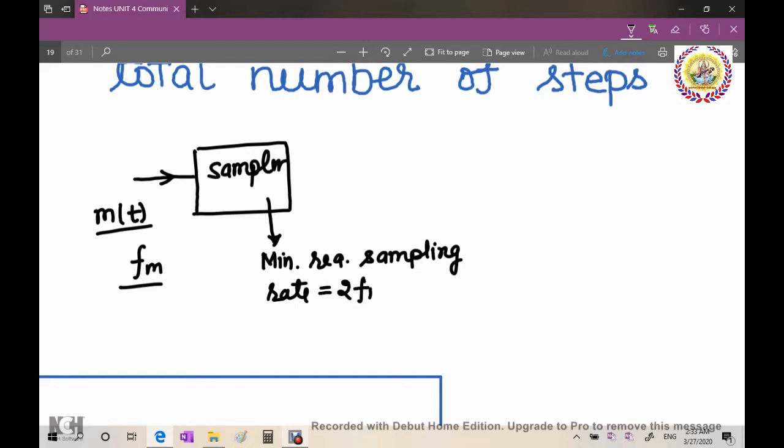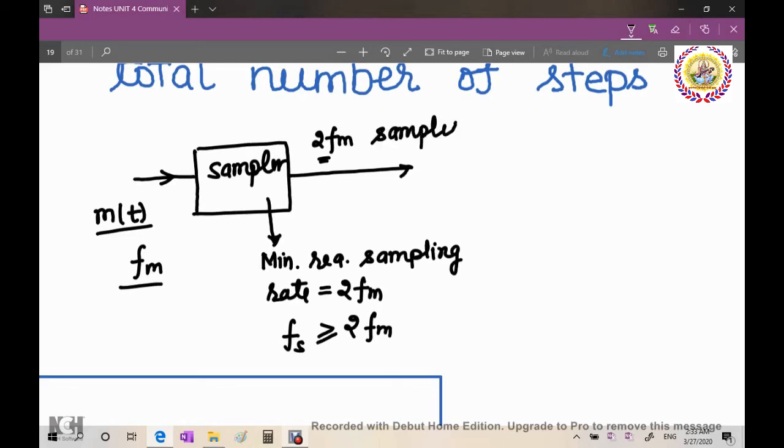Point to be noted, this is the minimum sampling rate, that means fs should always be greater than or equal to twice fm. Correct? Now the sampling rate at the output of the sampler will be a minimum of twice fm. That means the sampler is producing twice fm samples per second.